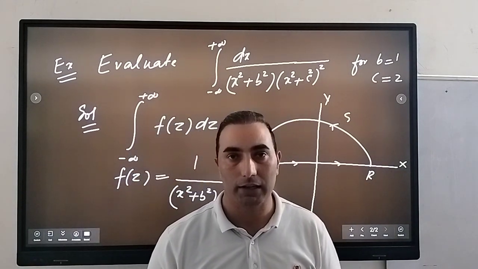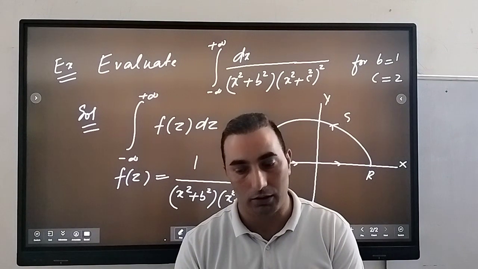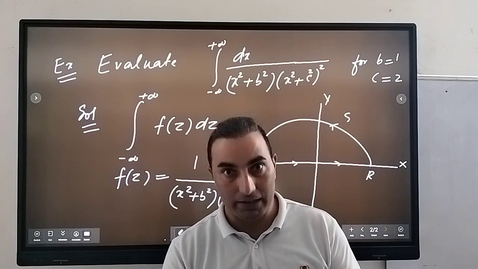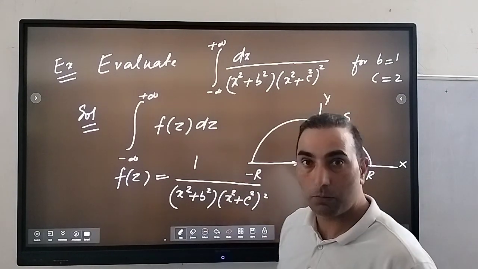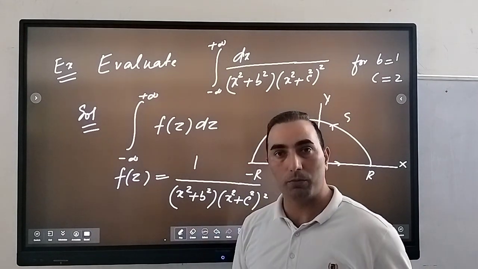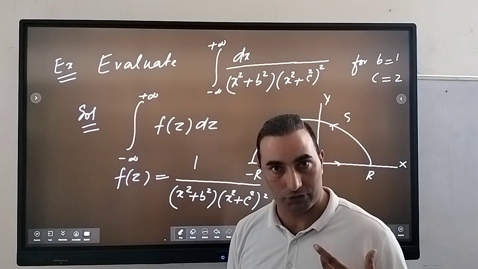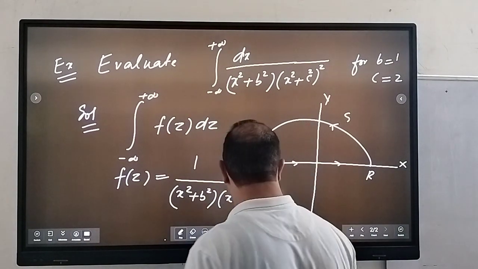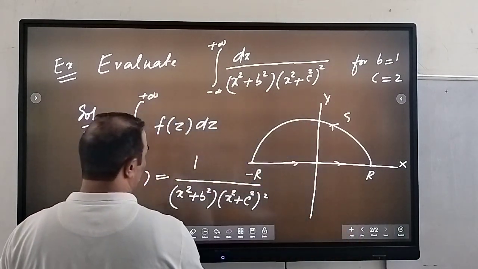So after that, what do we do? Now we need to calculate these residues at the finite number of poles which lie above the real axis. So we need to find those poles. For that, the denominator should be equal to 0 in order to calculate the poles for this f of z function. So we'll write the poles for this.